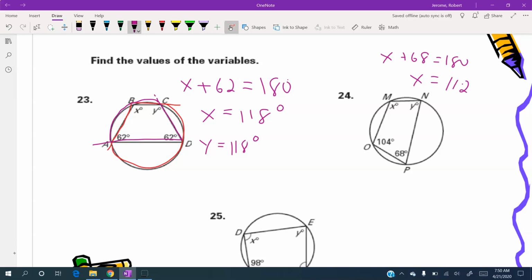And we have y plus 104 equals 180. And from that, we can get y equals 76 degrees.